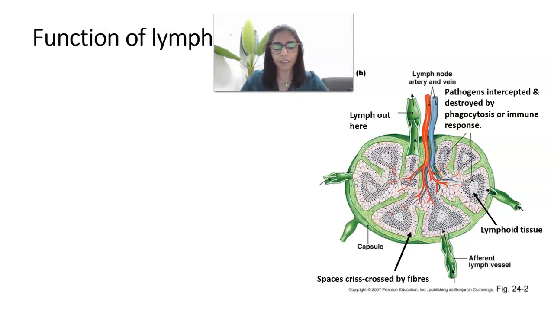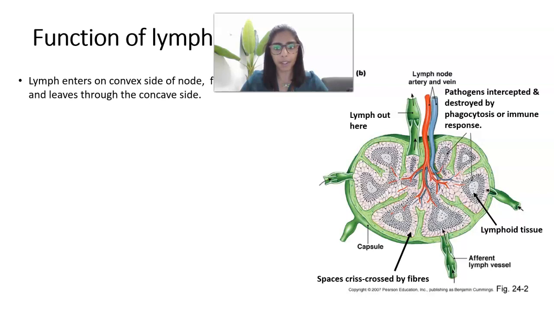So if we look at the function of lymph nodes and their importance in the immune response, you can see in this diagram here that the lymph that we've collected from the body enters through these vessels to the node.